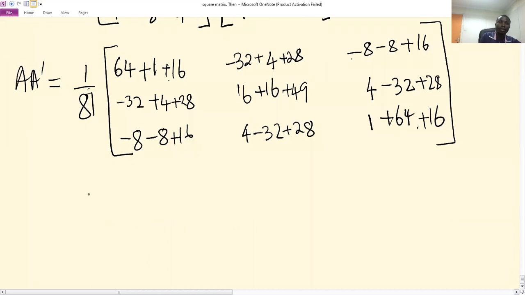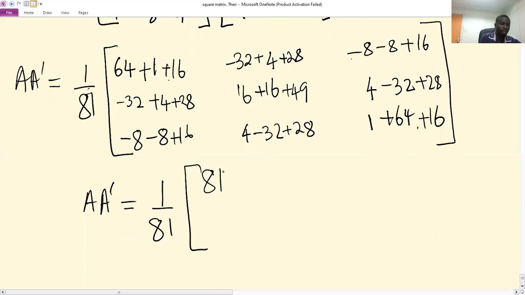So now we have 1 over 81 times the resulting matrix. 64 plus 1 plus 16 is 81. -32 plus 4 plus 28 is 0. -8 minus 8 plus 16 is 0. -32 plus 4 plus 28 is 0. 16 plus 16 plus 49 is 81.